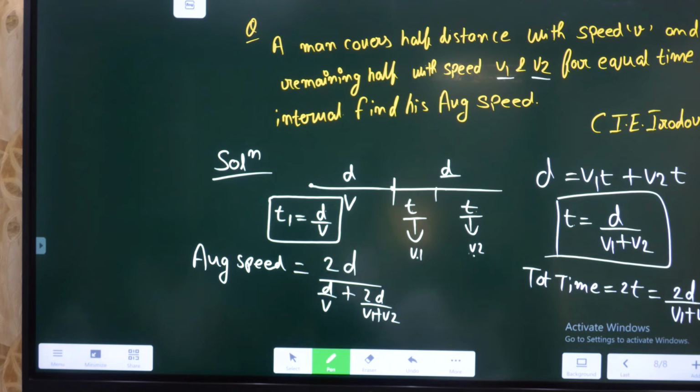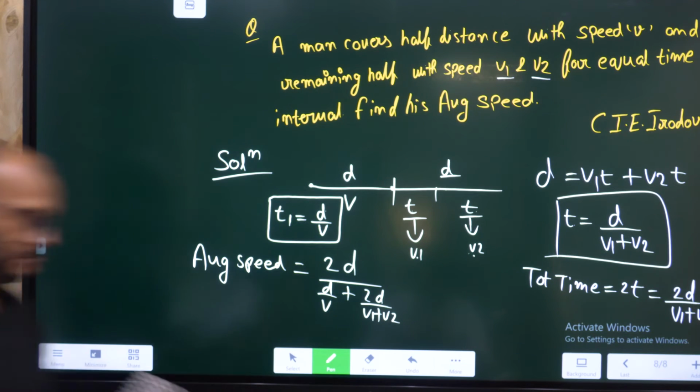Okay. After 1 or 2 days, racks will be there. You can keep your bags there also. Done? Yes, sir. Take your time, no problem.